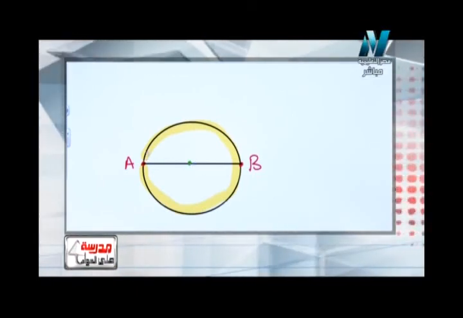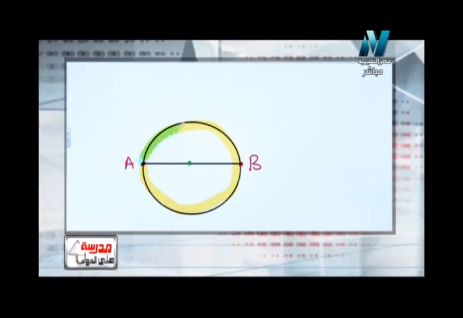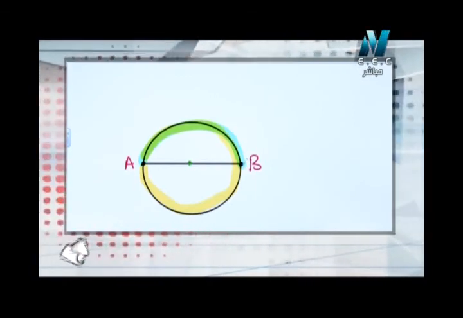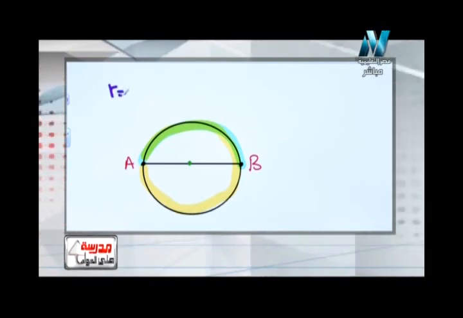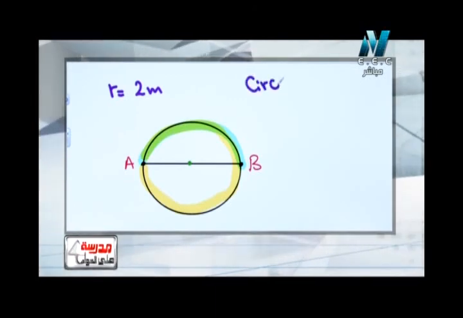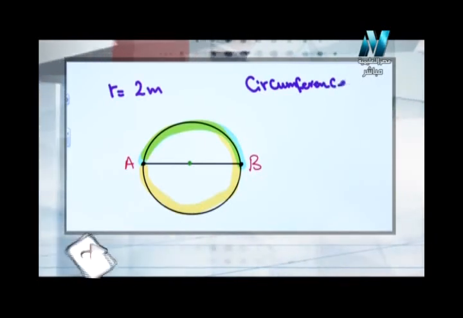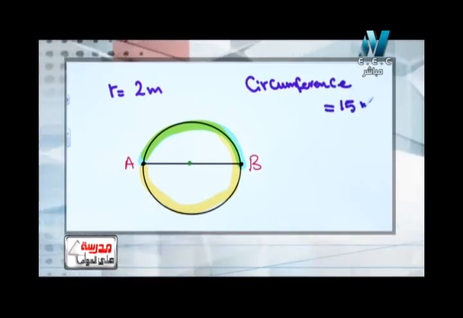So if the body moves from point A toward point B like that, and in this problem the radius equals 2 meters and the circumference equals, for example, 15 meters.